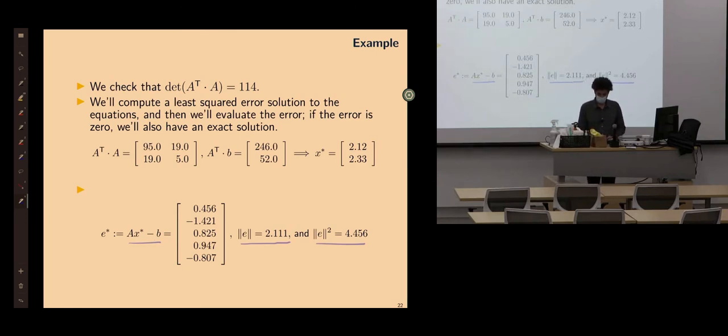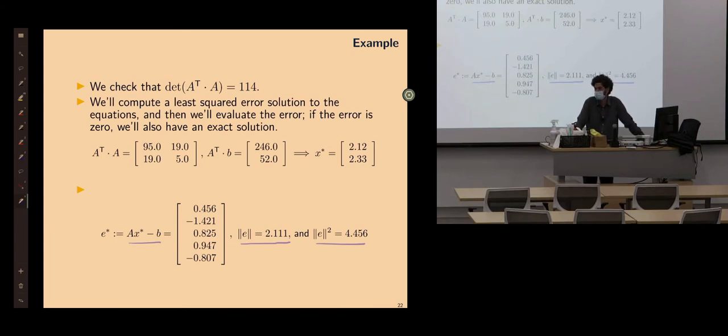Now, we know that B is not a linear combination of the columns of A, and the system doesn't have a solution. Okay. So since it doesn't have a solution, we're just finding the least incorrect solution.